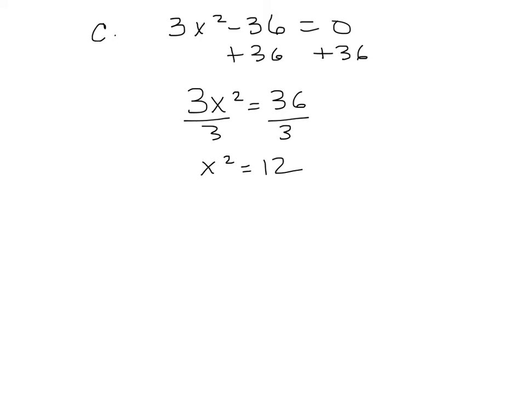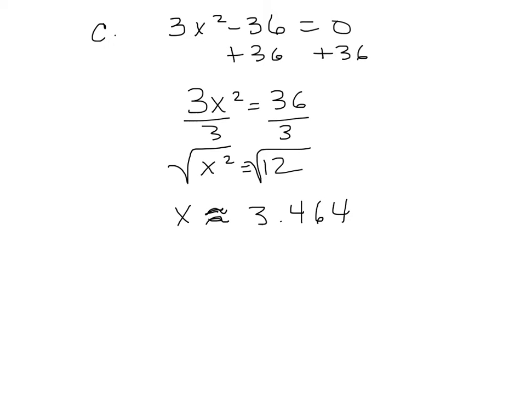This is a situation where we just take the square root of both sides, because we're not really sure what it is, and we get that x equals whatever the square root of 12 is, which is 3.464 approximately.